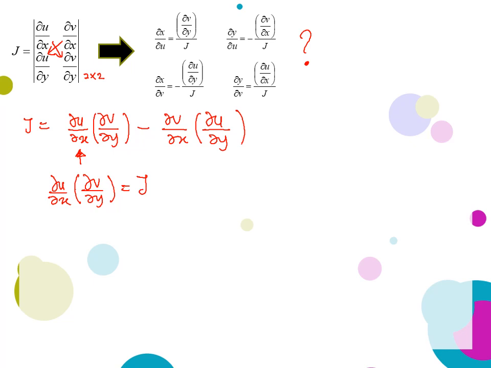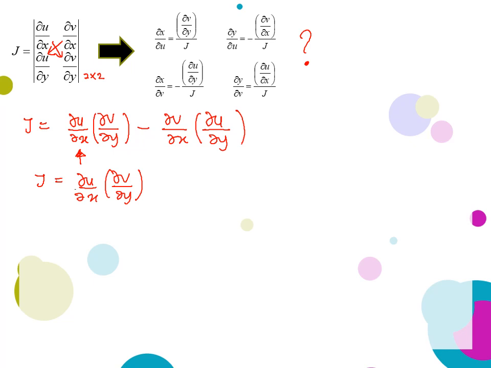So you have the Jacobian equal to del u del x del v del y, and you can ignore this part because you just want to find del u del x.